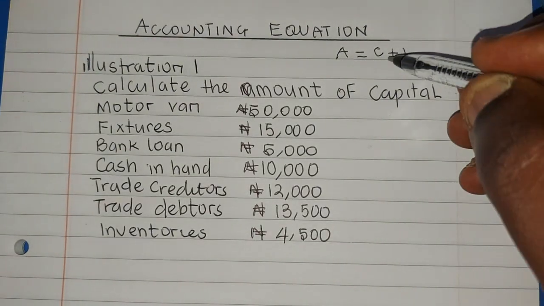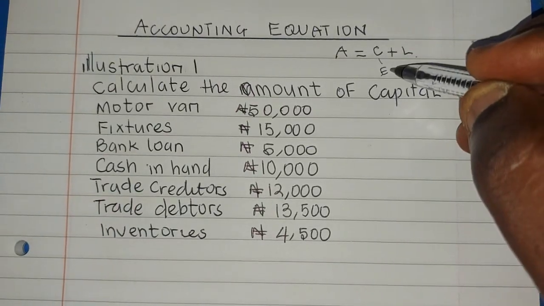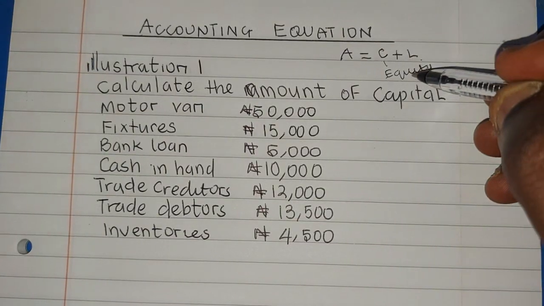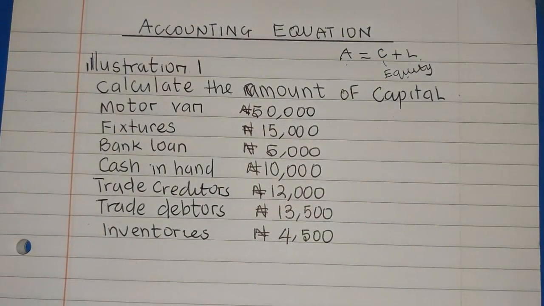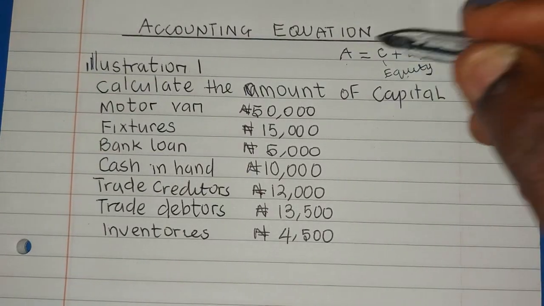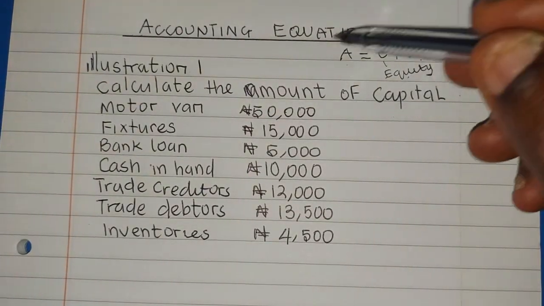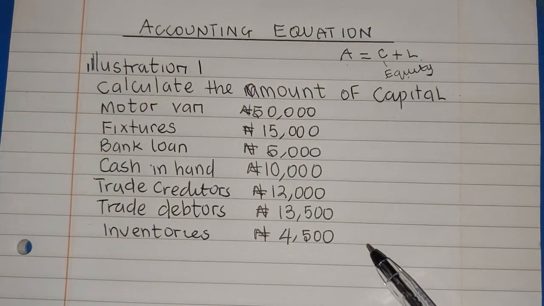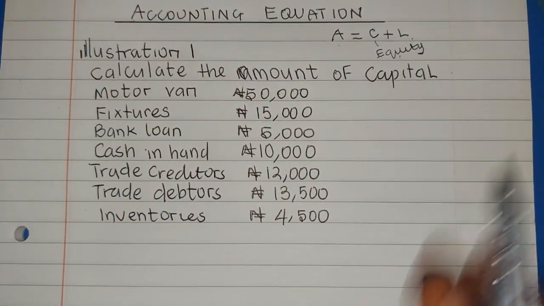Then I told you that this capital is also known as owner's equity, which is the financial right towards the assets of the business. Then I also said that the accounting equation is the basis for the preparation of accounts of business, okay?